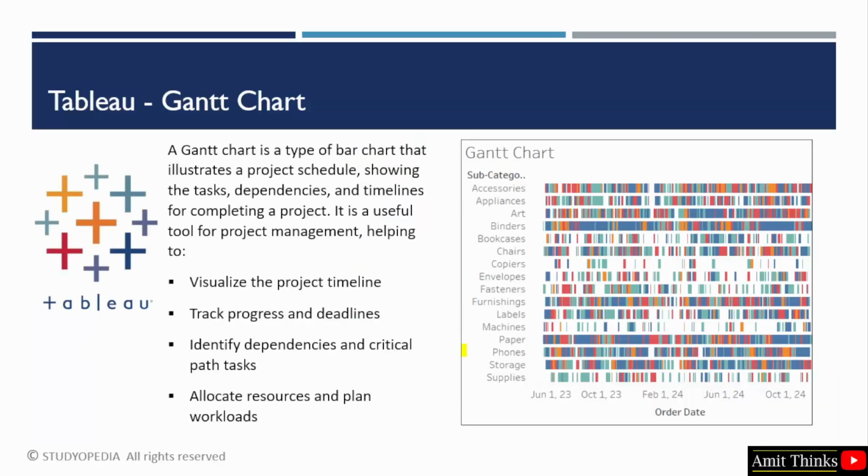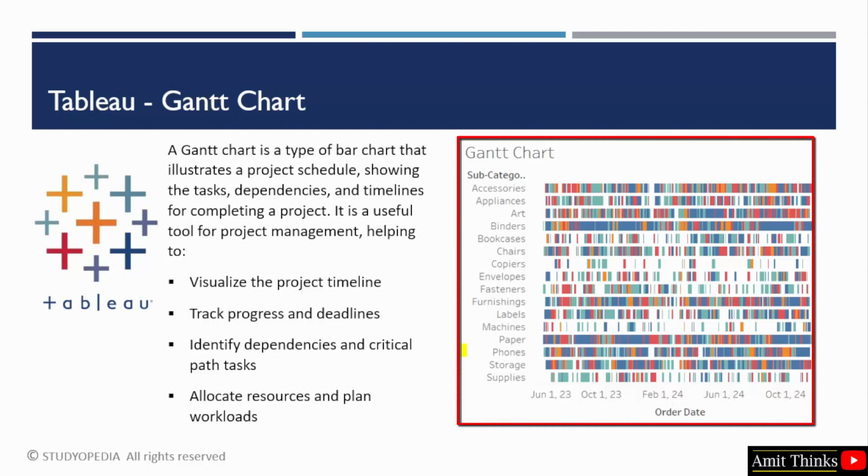So consider a Gantt chart as a bar chart. Let's say you want to illustrate a project schedule, displaying the tasks and the timelines for completing a project with the dependencies also. You can use it for project management, so that you can track your progress, visualize the timeline of the project, and plan your workloads.